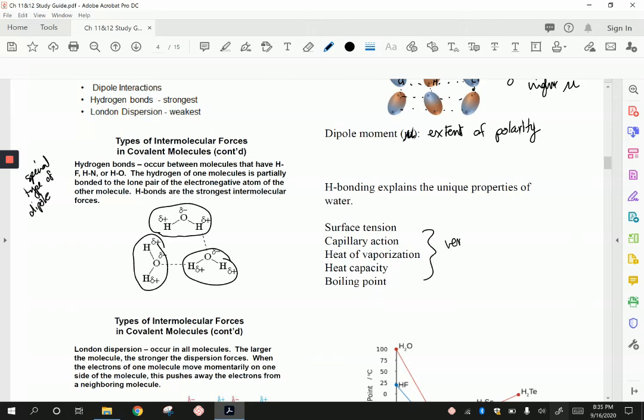These are very high because of the hydrogen bonding in water. So surface tension, the reason why water beads up is because of that strong hydrogen bonding. The water particles are so attracted to each other that they create almost a membrane on the outside.